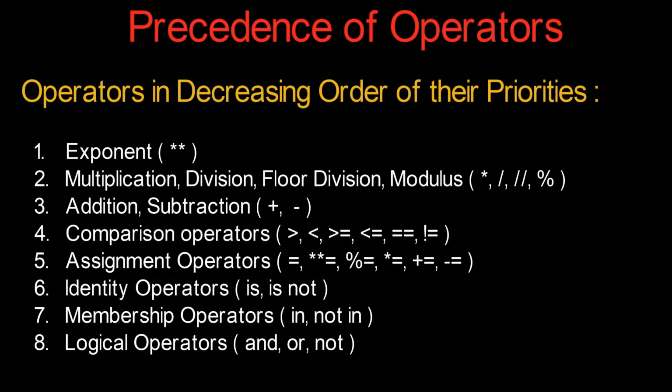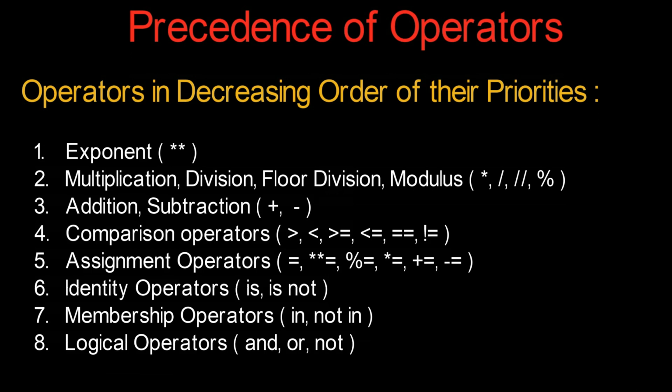Fourth, we have comparison operators, which is equal to, not equal to, less than equal to, greater than equal to, and all these. Fifth are the assignment operators, which is equal to. Shorthand notation also come under assignment operator since the value is assigned to the variable, like star equal to, plus equal to, minus equal to, and etc. Sixth, we have the identity operators, which is and is not.